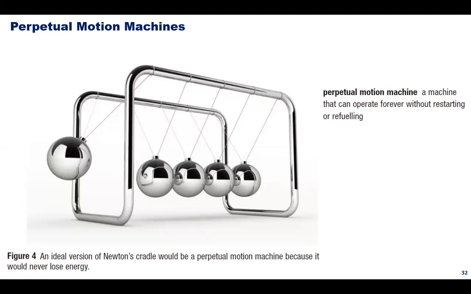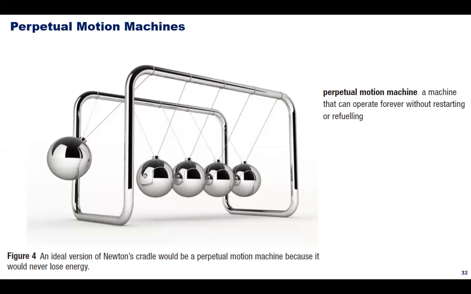So as shown here in this figure, figure 4, which shows a device called Newton's cradle. The leftmost ball has gravitational potential energy with respect to other balls. Once released, the ball will interact with the other balls in such a way as to imitate perpetual motion.